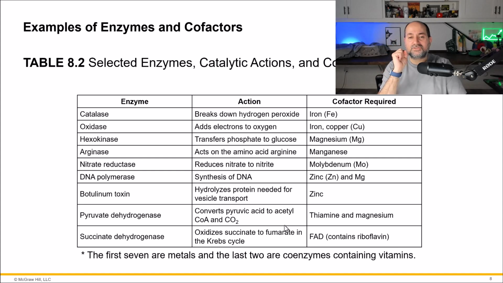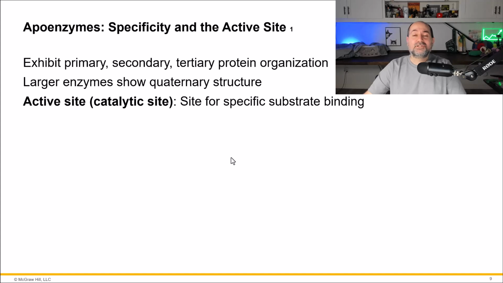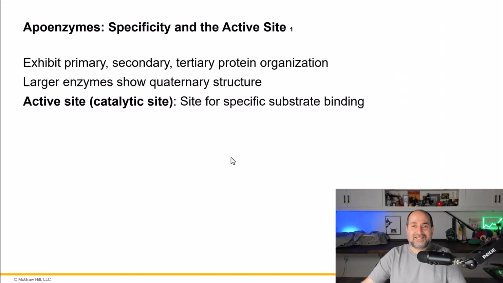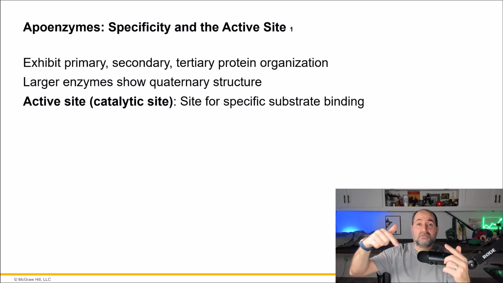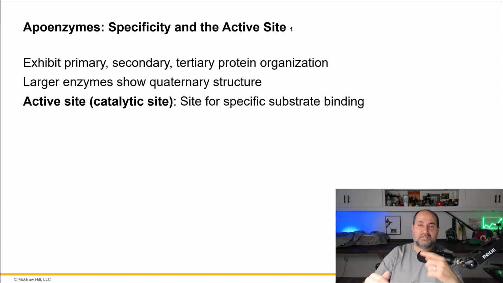that it functions correctly. And do you recall from previous classes how proteins fold? Proteins start out as a chain of amino acids, which then fold to form secondary structures like alpha helices and beta sheets. And then that finally folds in on itself to form what's known as the tertiary protein organization. This is the final folded protein.